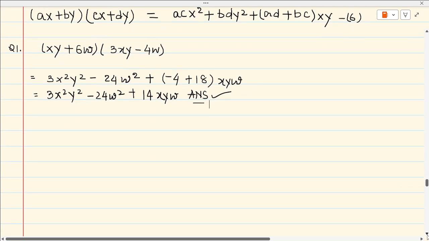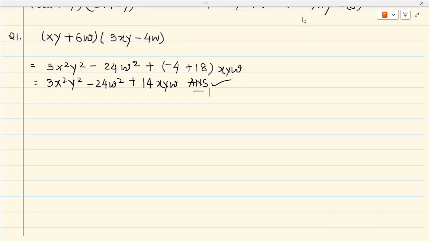Correct. Now let us come to another question. The questions are simpler, but they need some practice. If you are asked to multiply two quantities, 5 minus x, multiplied with x plus 8, you can do it both ways, either by taking the sum or by making the form the same.